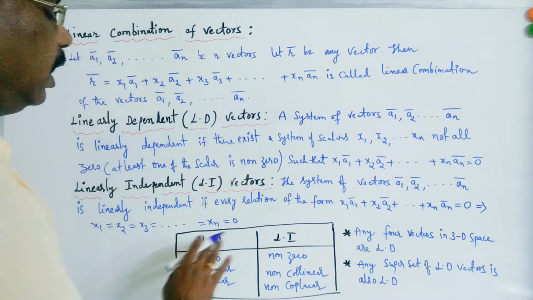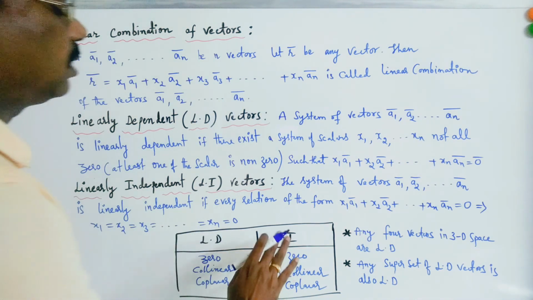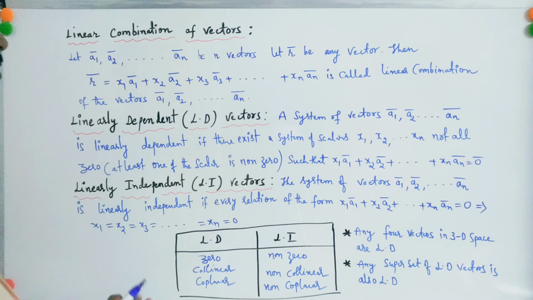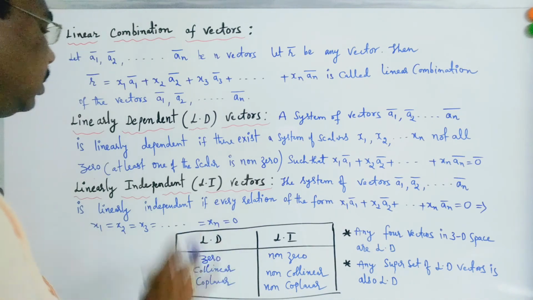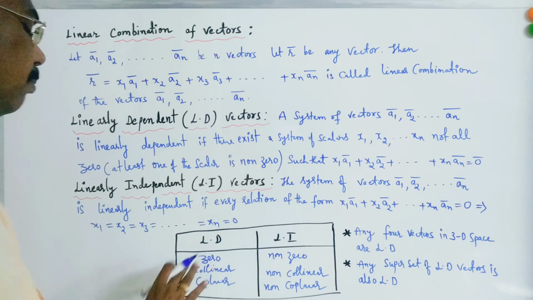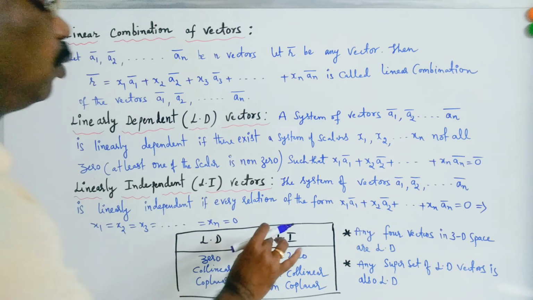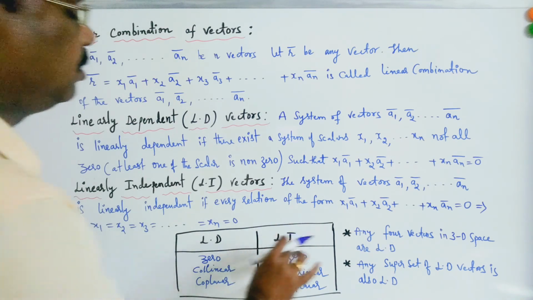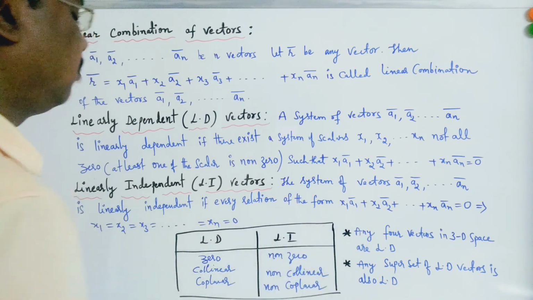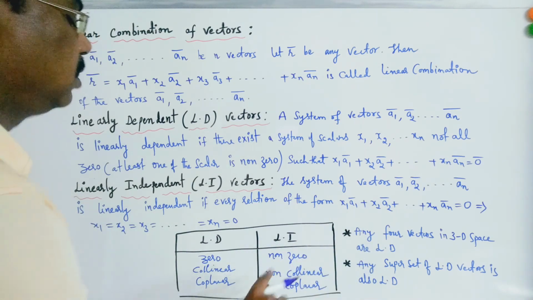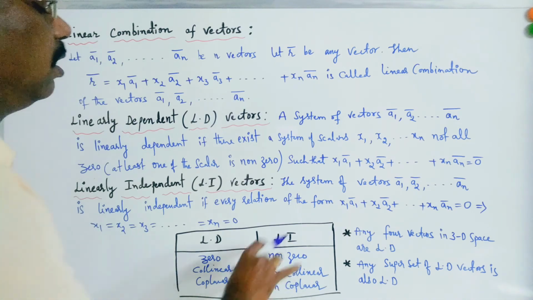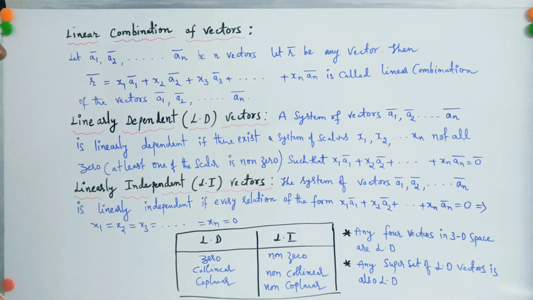Linearly dependent vectors and linearly independent vectors. Linearly dependent vectors are the zero vector, parallel or collinear vectors, and coplanar vectors. Linearly independent vectors are non-zero vectors, non-parallel vectors, non-collinear vectors, and non-coplanar vectors.